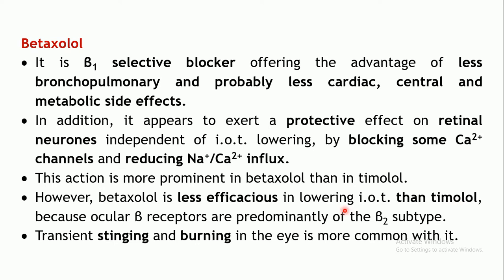That's because mainly the ocular beta receptors are beta 2 subtype, as we have seen in the earlier figures. Okay, it's mainly the beta 2 subtype, and this drug is more selective in blocking the beta 1. No doubt the side effect tendency is less due to this selectivity, but because of the same reason it is less efficacious as compared to timolol.